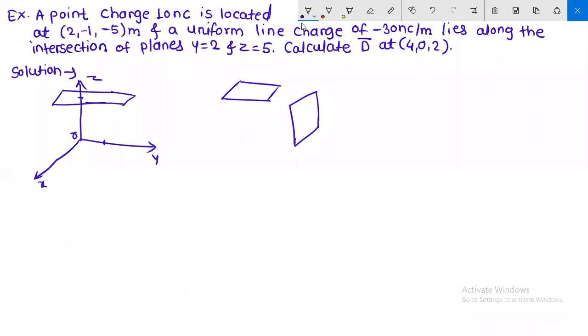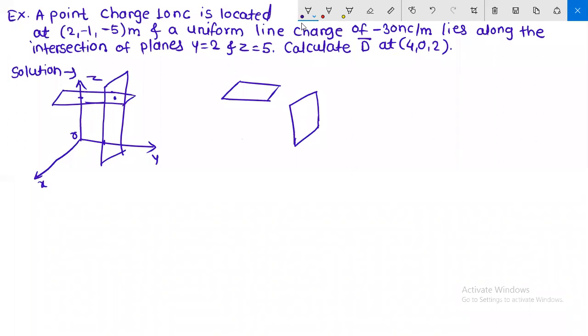Y is equal to 2 means such a plane, where the x and z axes are present. Somewhere here these two planes are intersecting. Now we have to draw one line which is parallel to one axis.